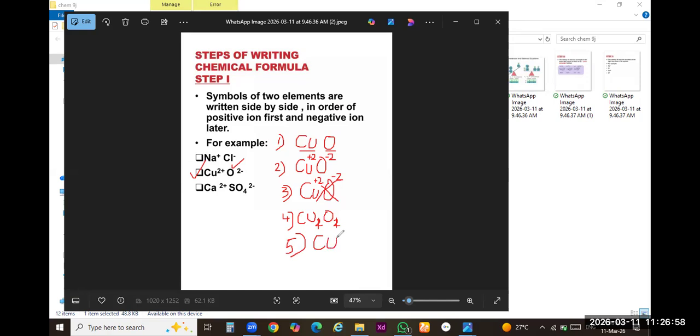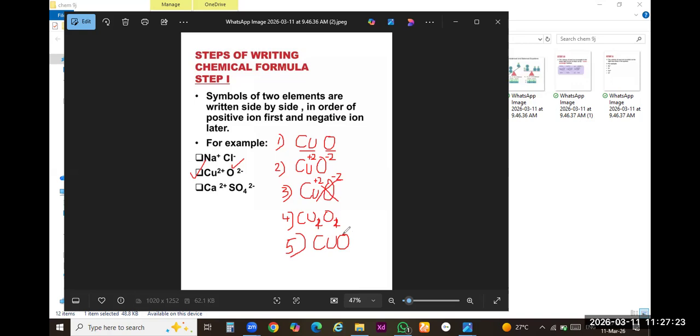Aisha, what will be the formula of copper oxide? Can you tell me the formula of copper oxide? Fatima.